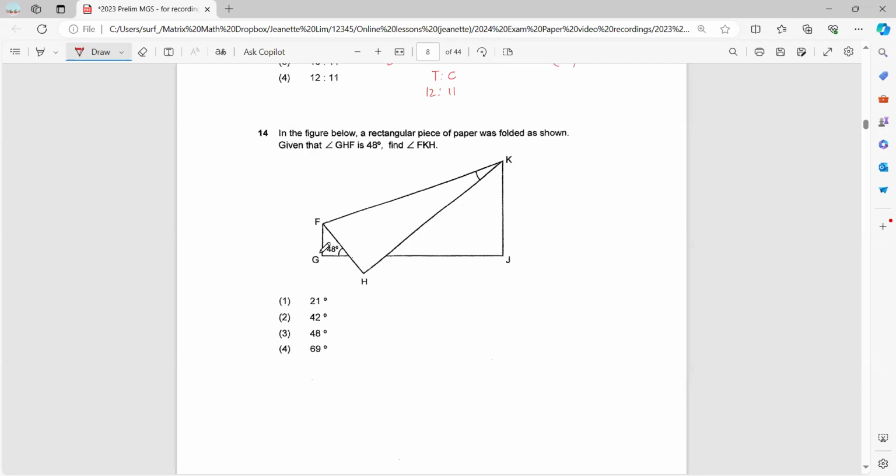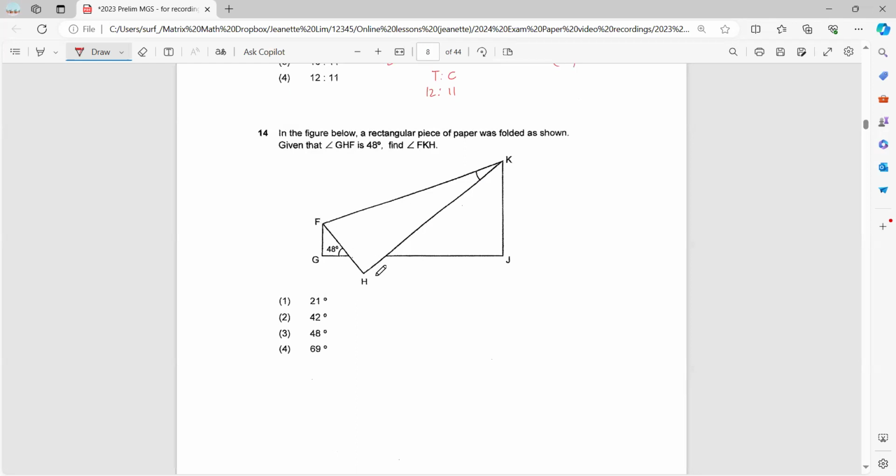Okay, we follow this 48 degrees given here. Anyway, we want to find this FKH, this angle over here. So if this is 48, can we find this angle here first?